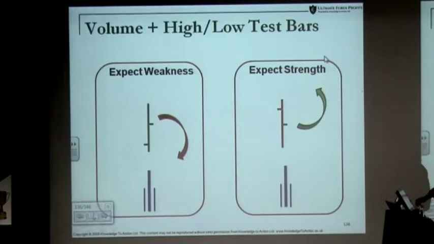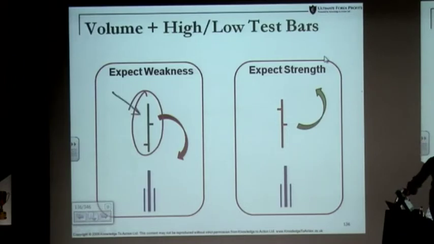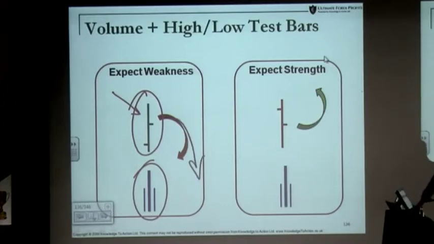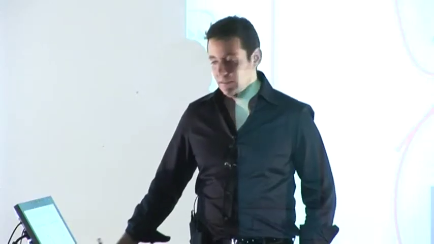But notice that the bar I'm looking at is a high test, isn't it? Does that make sense? Because this has been higher in the bar and it's fallen back, so it's a nice high test bar under volume, you know that move is likely to now start moving back down. Does that make sense?